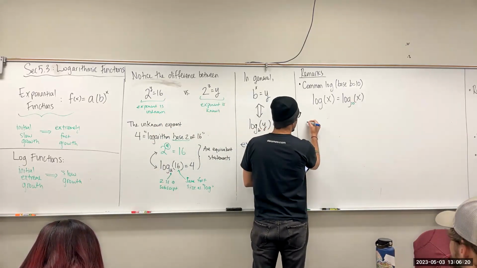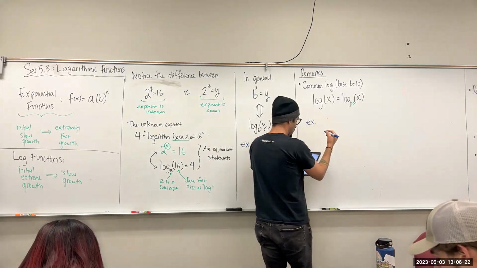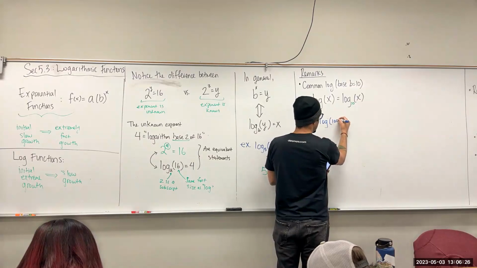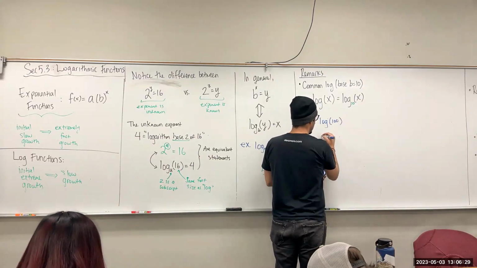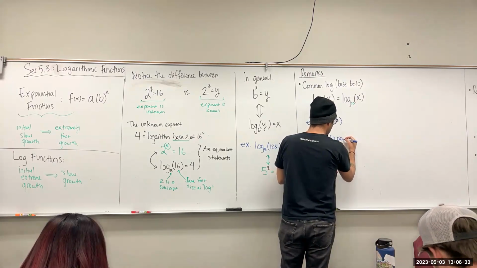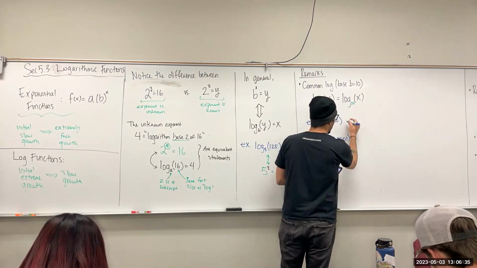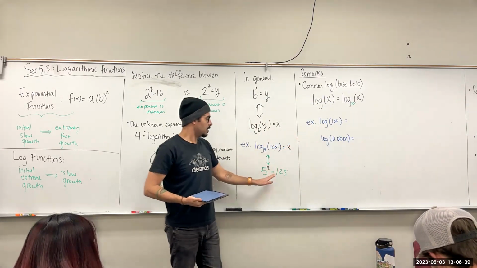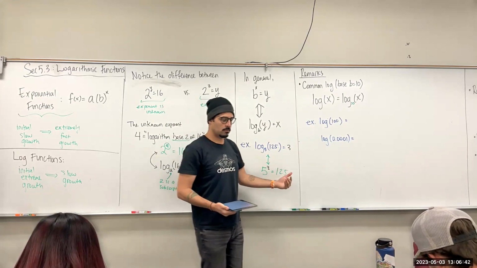So go on your calculator and just real quickly do log of 100 and then do log of 0.0001 and see what you get. And then try to convince yourself in exponential form why that makes sense.